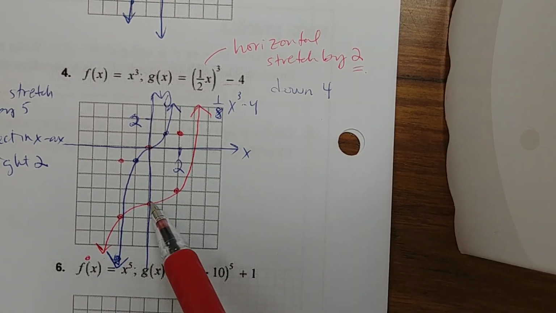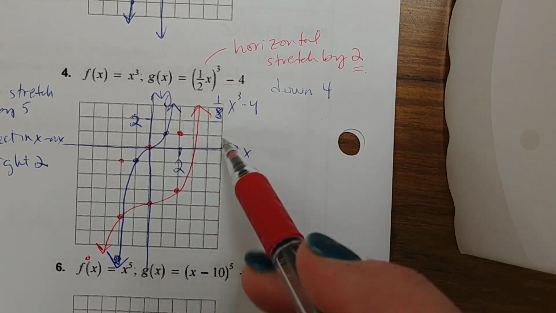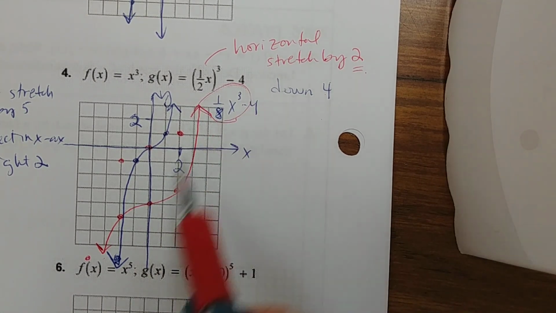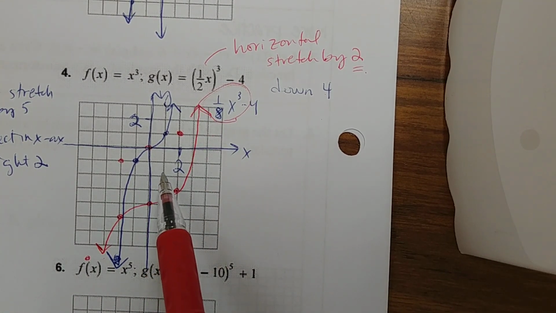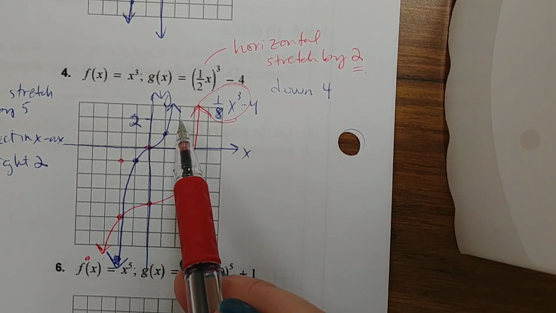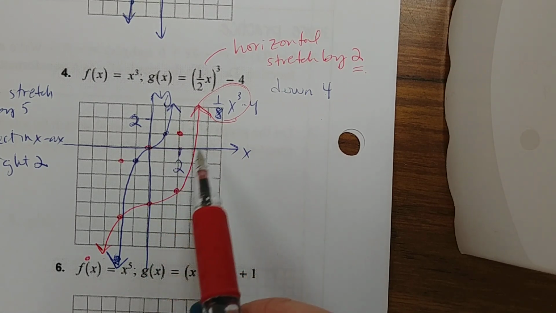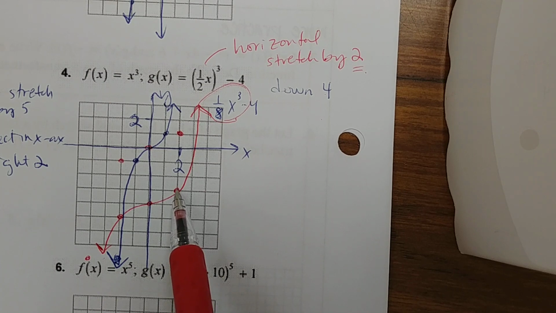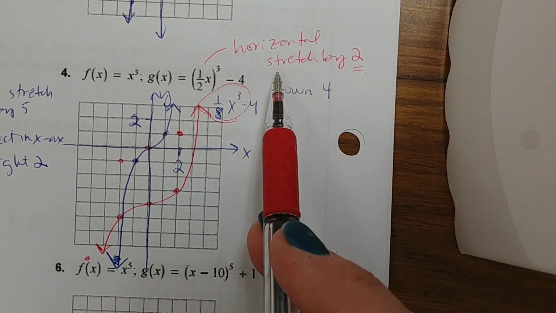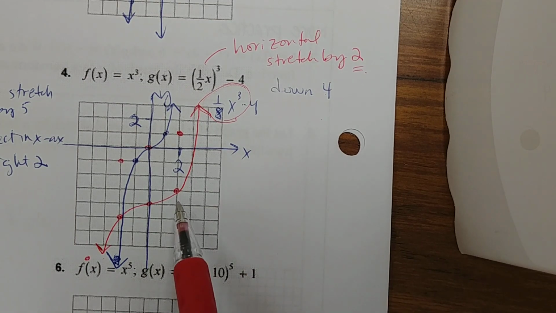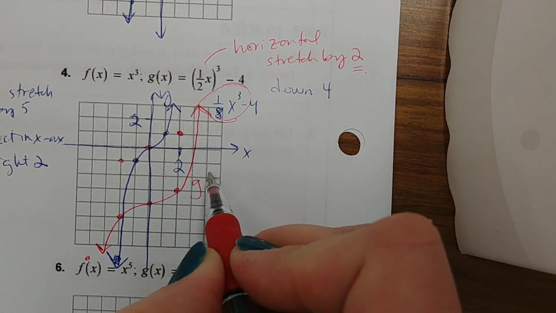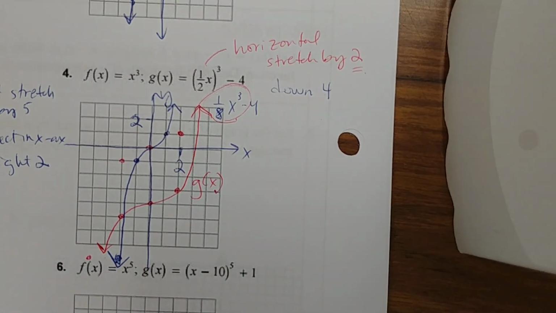Normally I'd go out 1, up 1, out 2, up 8, because 2 cubed is 8, but 1/8 of that would be up 1. So that was achieved anyway, even though I interpreted it as a horizontal stretch by 2. So this is the resulting function g of x.